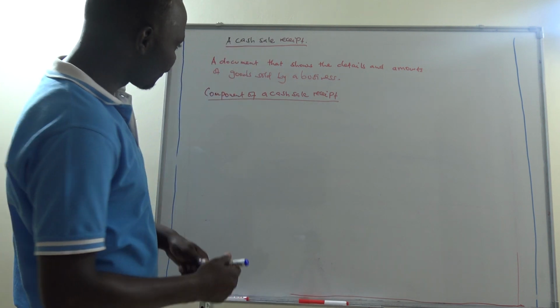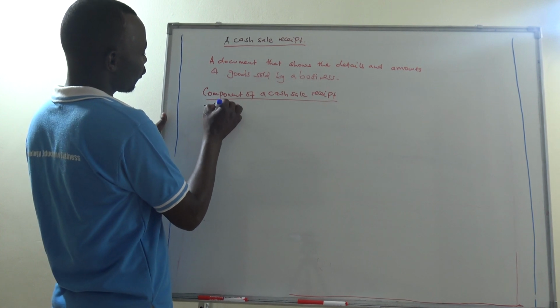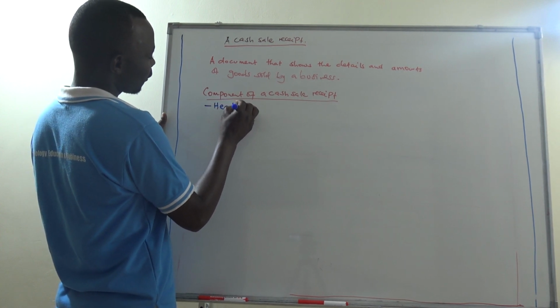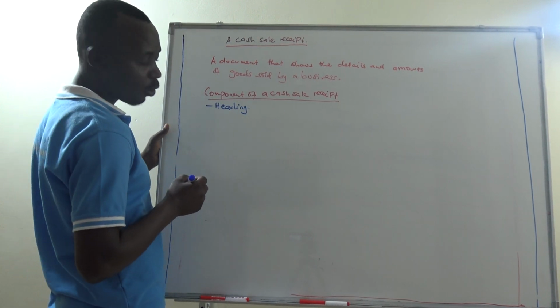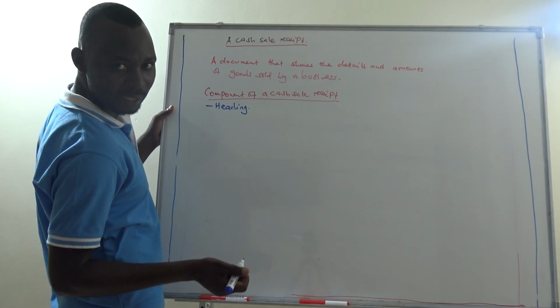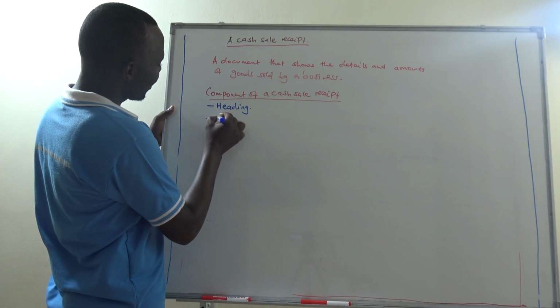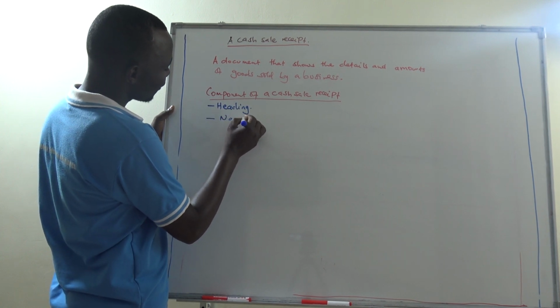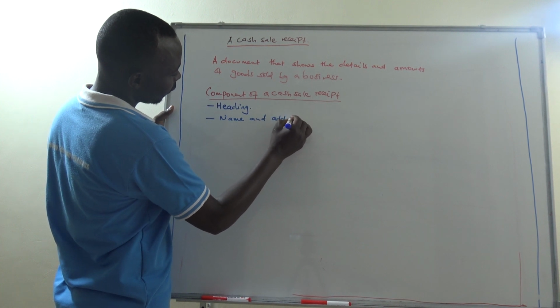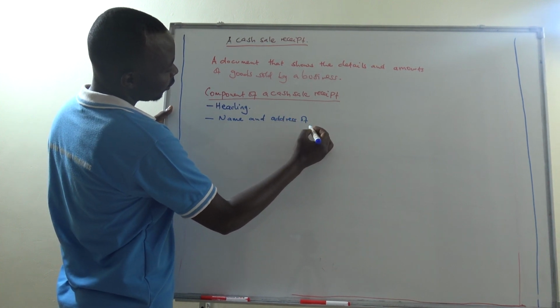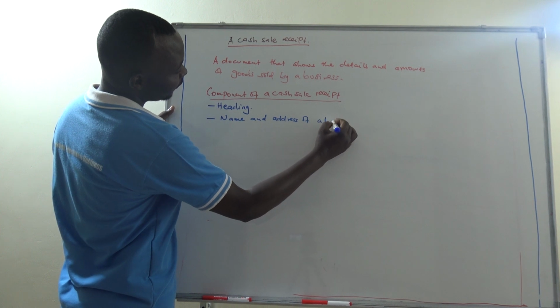Like for example, we need a heading on every document. And we know what heading is. The opening statement when you are answering. We need name and address of a business.